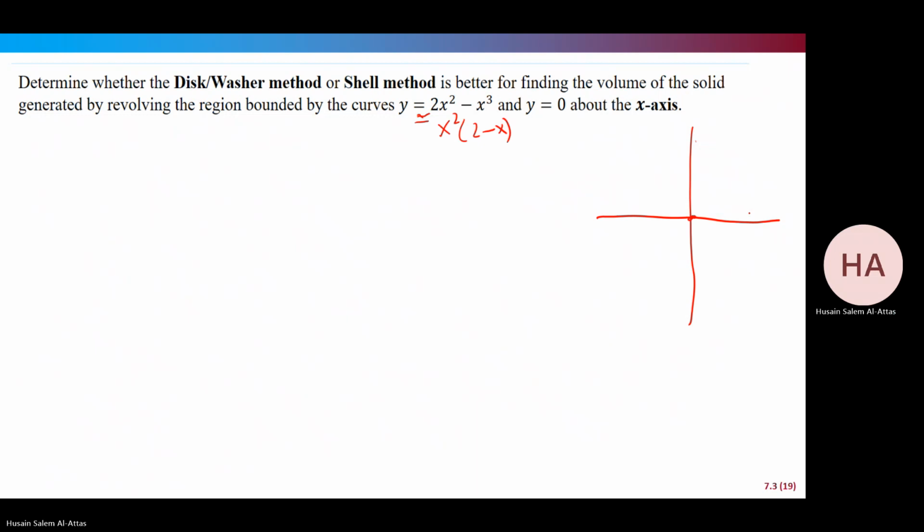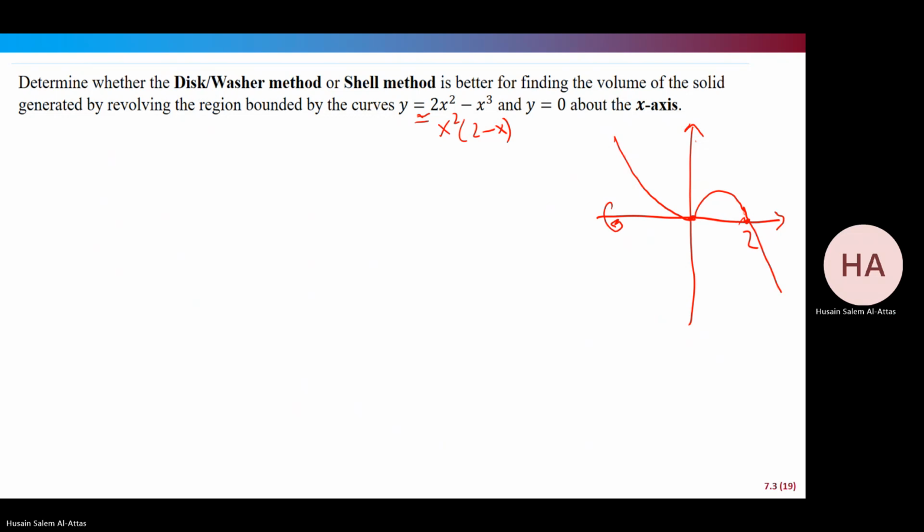So this is 2. These are the zeros, it's positive here. It doesn't cross, it touches, because it's an even power. So it looks something like this. This is just a sketch of the function. And we have y equals 0, which is the x-axis. This is the y-axis.